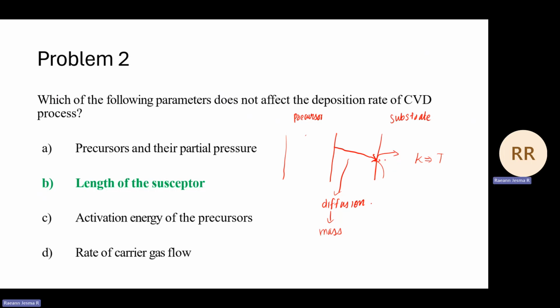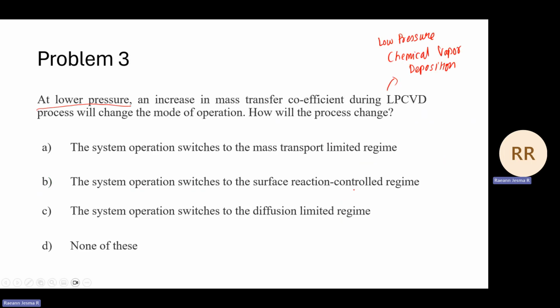So there are two main processes. One is transport of the reactants from the precursor to the substrate surface, and the second one is the reaction that is happening at the surface.